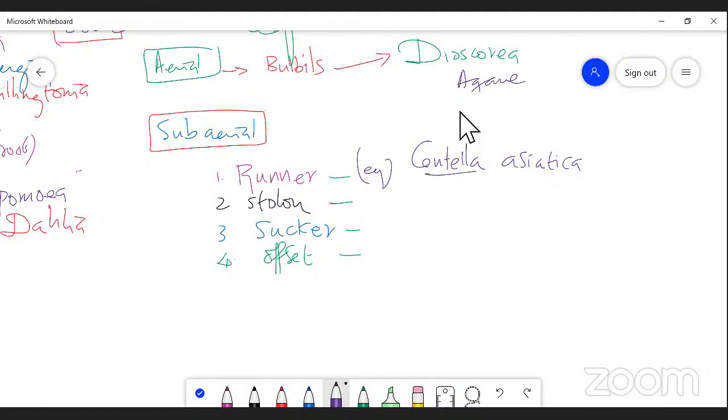It is the binomial of Vallari. In Centella asiatica, you can see the runner. A runner is a cylindrical structure that grows horizontally.